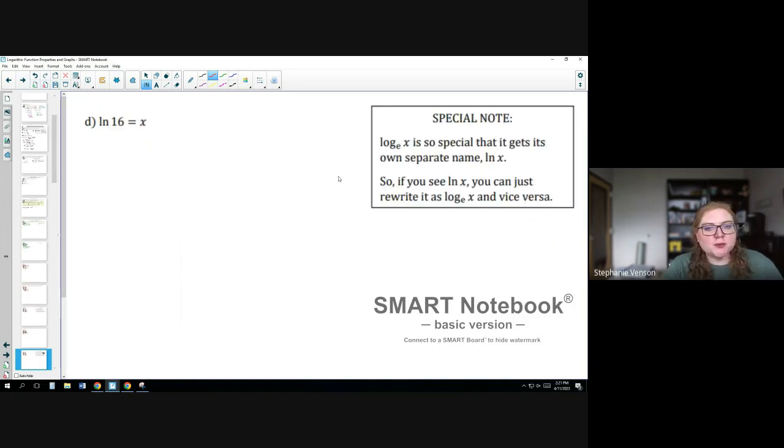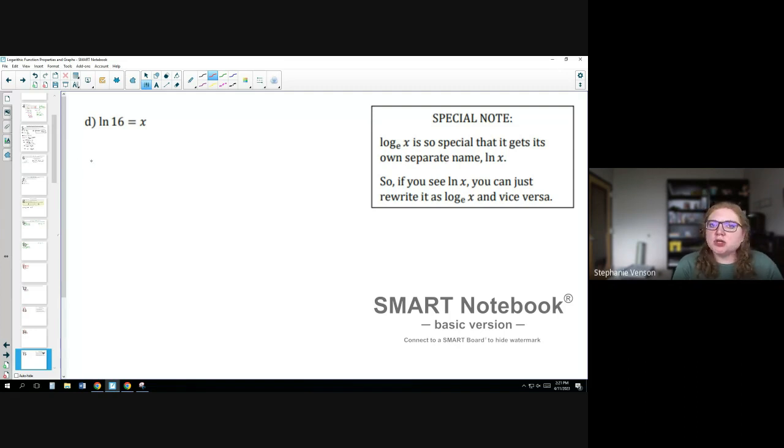Now remember our special note. Log base e of x is so special that it gets its own separate name, natural log of x. So if you see natural log of x, you can just rewrite it as log base e of x and vice versa. So here in example 4D, we have natural log of 16 equals x. So it's going to be hard for me to rewrite this if I can't do my little circle trick.